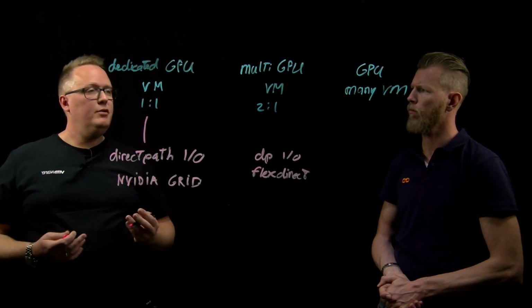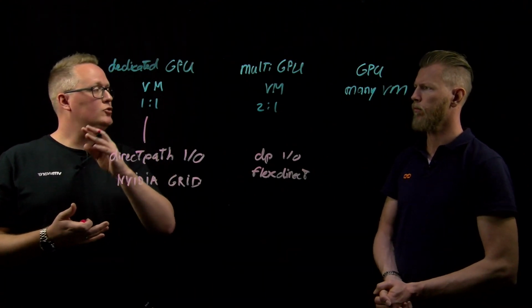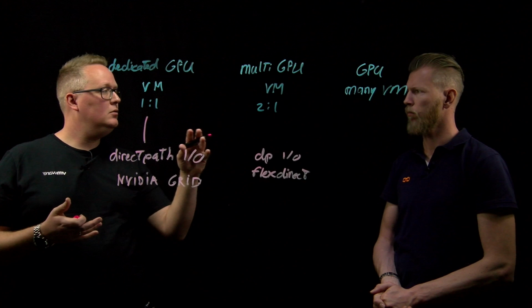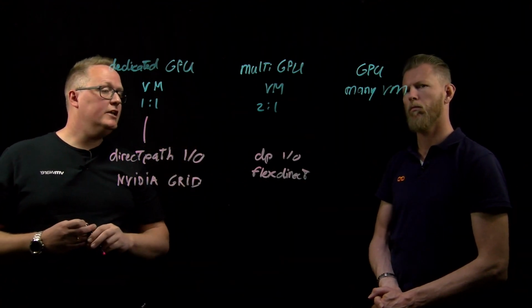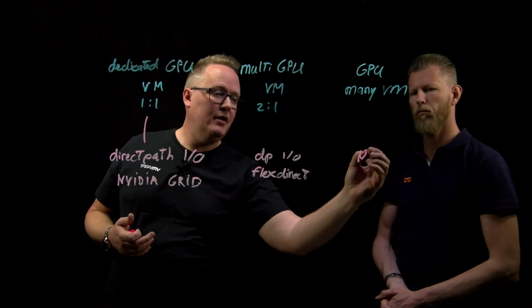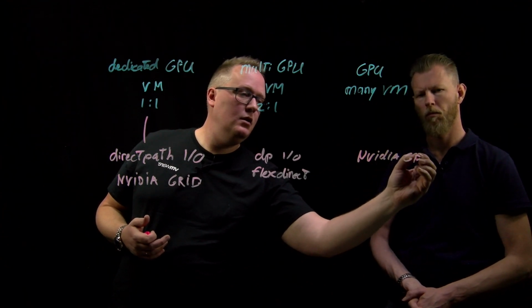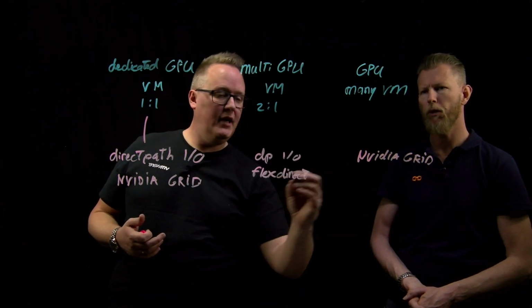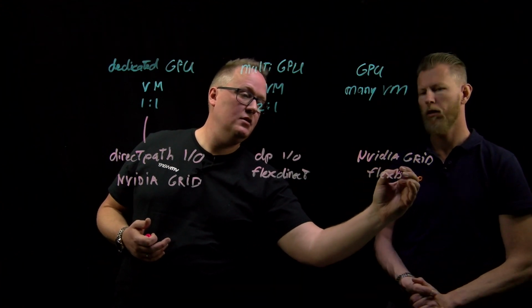But, like we said before, we would like to have one physical device, chop it up, and let multiple VMs take benefit of that physical hardware piece. And that's obviously when the sharing comes into play. Again, we have solutions like Nvidia Grid that supports that, and this will offer you much more flexibility. Yes. Right.